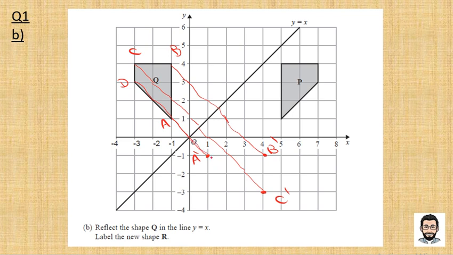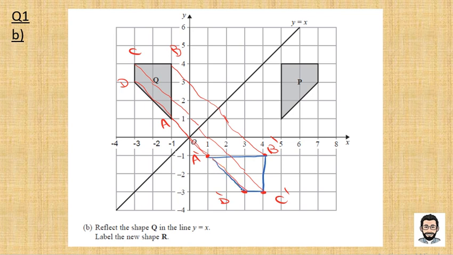It's going to be here. Now write here D dash and join them. So join them according to the corresponding letters, A dash, B dash, C dash, D dash, and close the shape. It's gonna be like this.